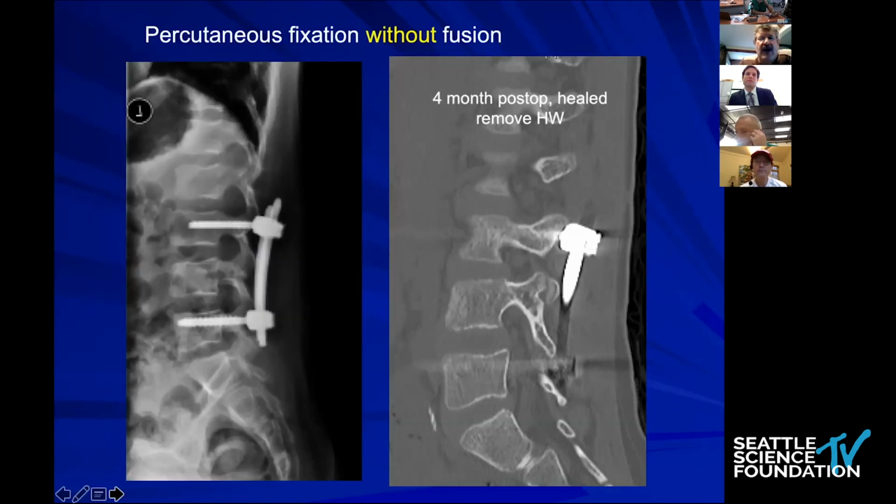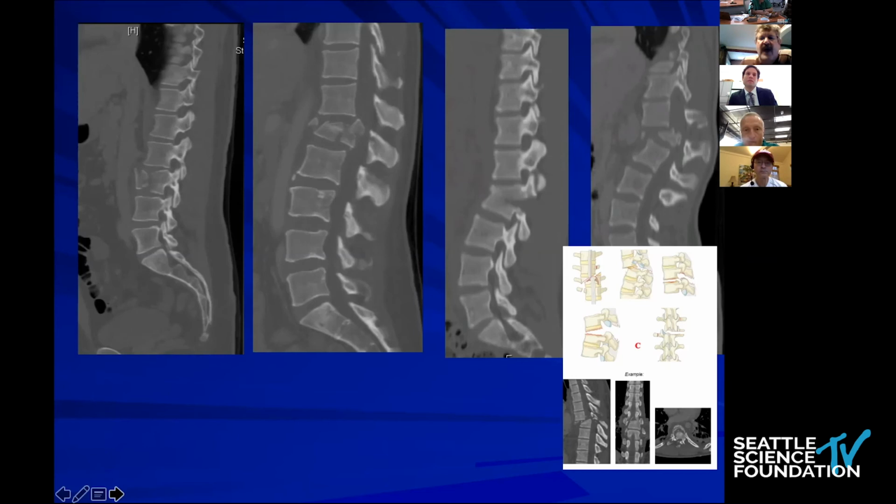You can see how this is done here, and the hardware is removed. And then the last fracture pattern would be your type C fracture. And these fractures give us guidance because they require multi-level posterior fixation.